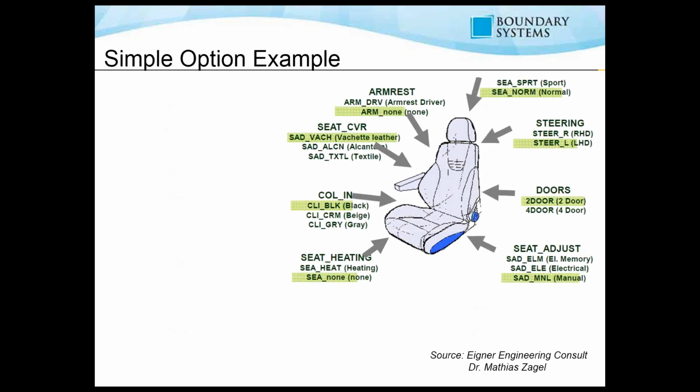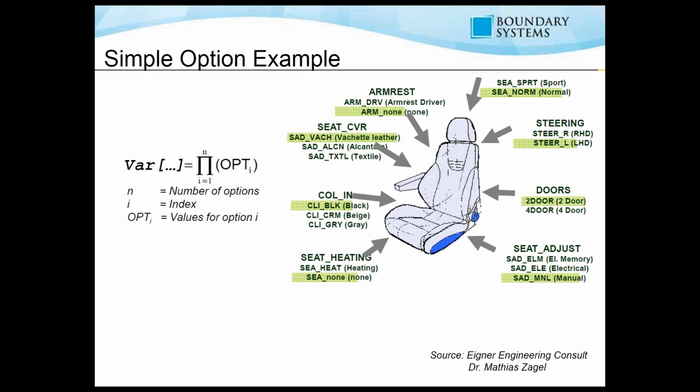Here's another simple example, a car seat. Very easy. You think it's a very simple thing. You have the seats, the color of the seat, the seating curvature, the armrest, the headrest, steering, number of doors in the car, seat adjustment. All those things, simple options.